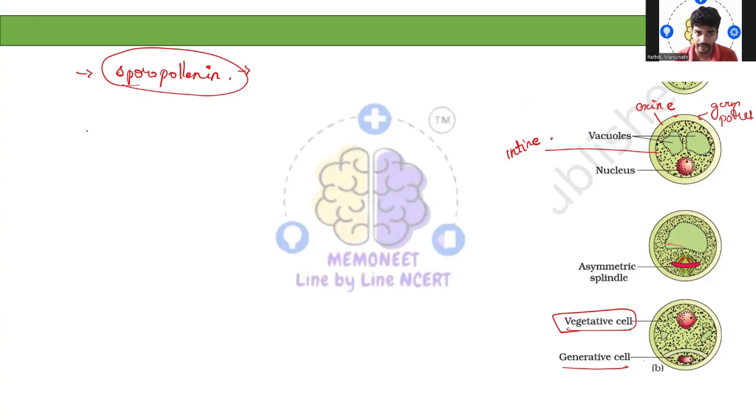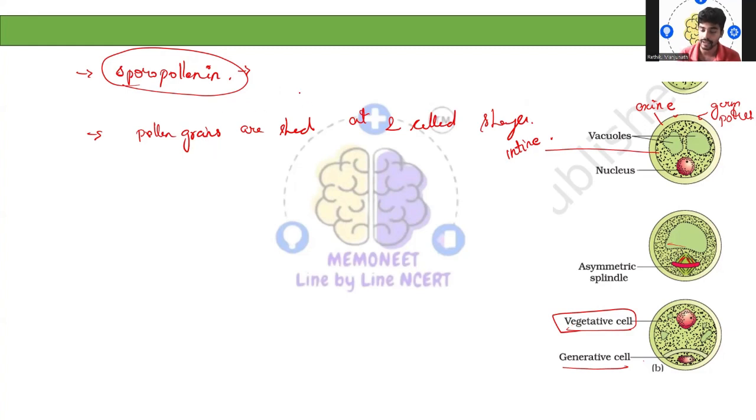Now, pollen grains are shed at the two-celled stage. That is, pollen grains come out from the anther in two-celled stages, one having the vegetative cell and the other having the generative cell.